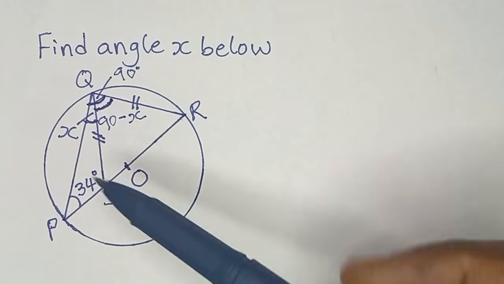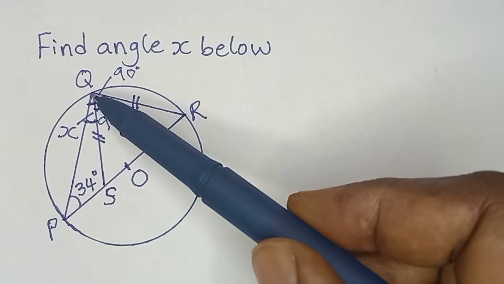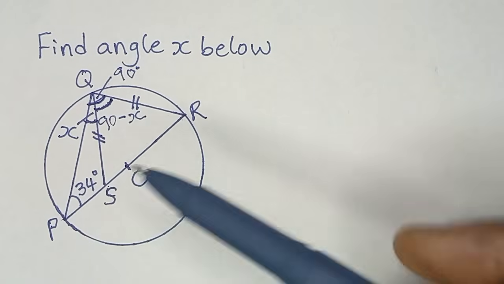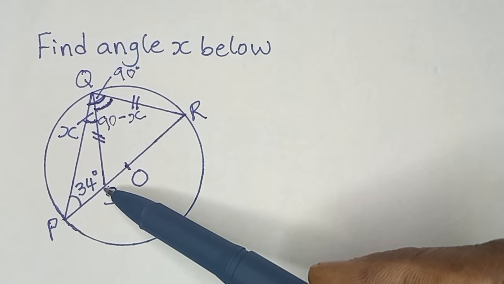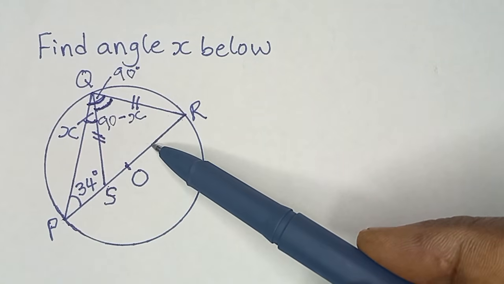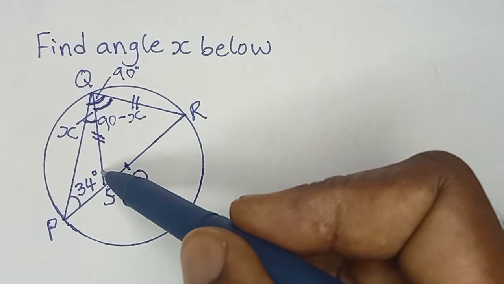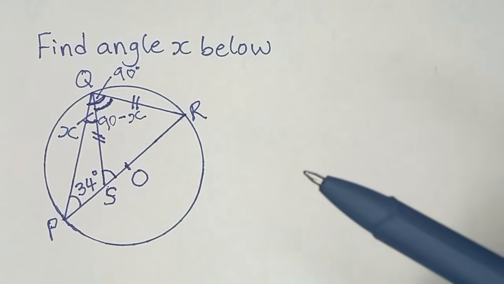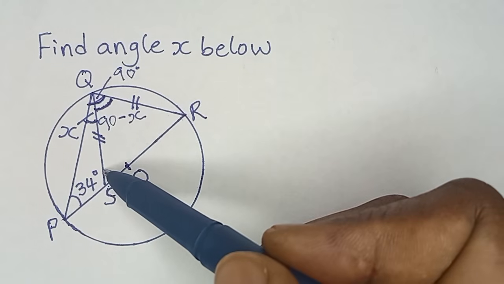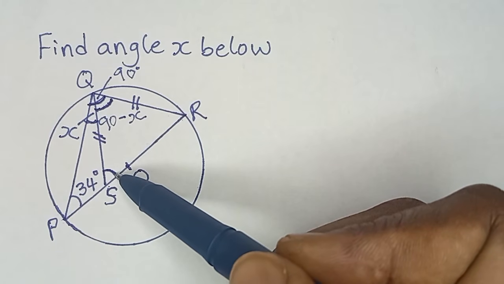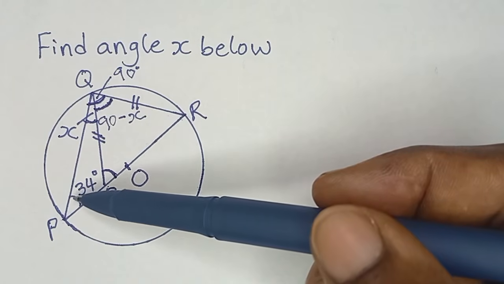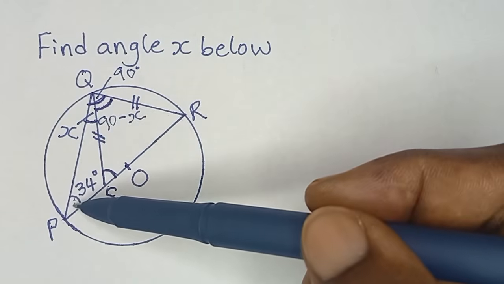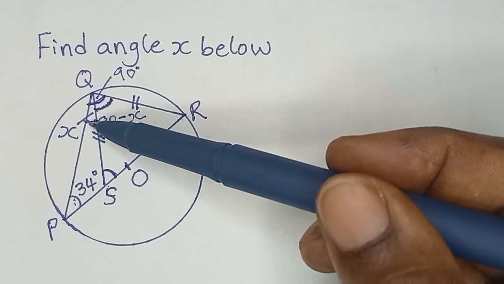Now again, look at this triangle PQS. The line PS is extended out of the triangle to form an exterior angle here. You can see that. So, what rule comes to your mind now? That the exterior angle of a triangle is equal to the sum of the two opposite interior angles.